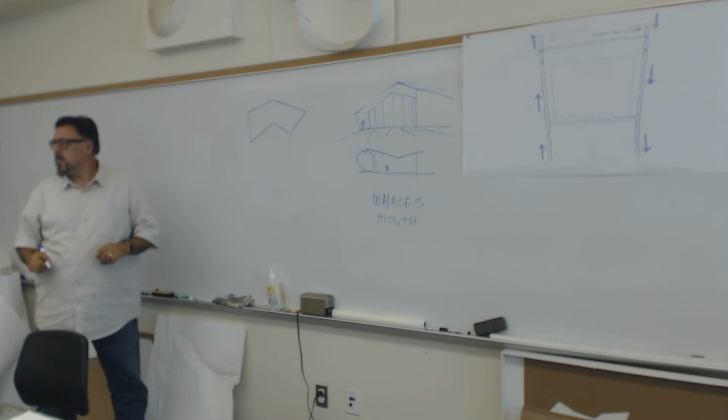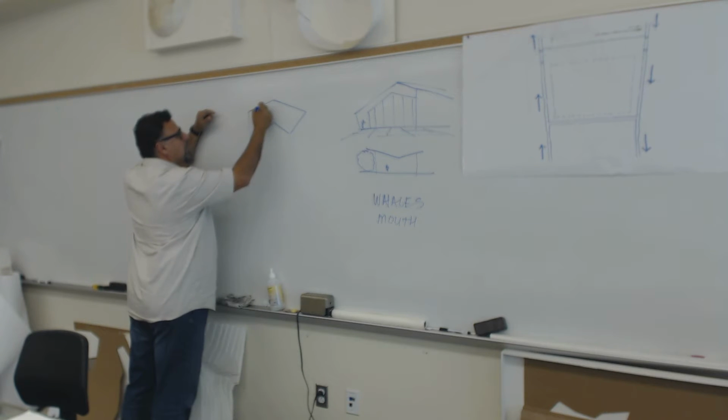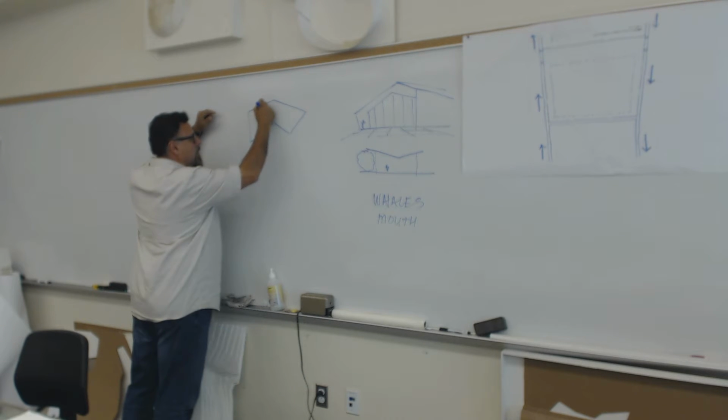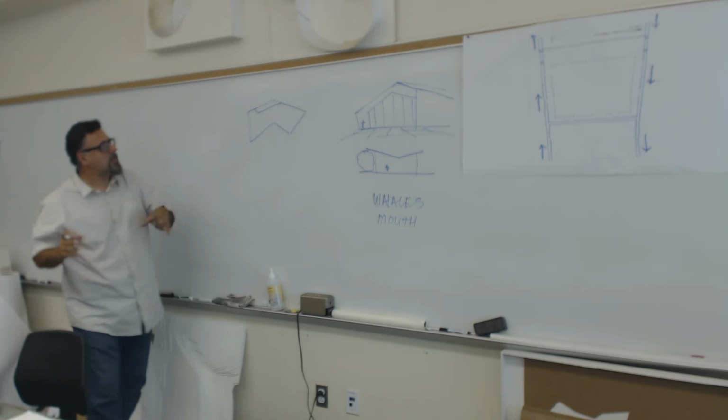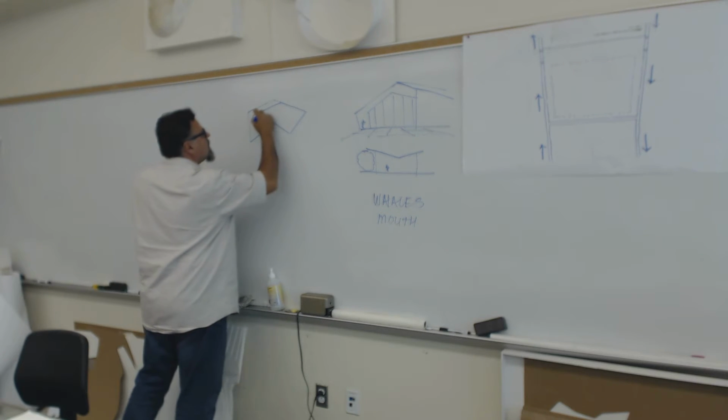If I were to create a subtraction on that building, I would still leave the overhanging element there, because what I would be doing is just a subtractive cut.